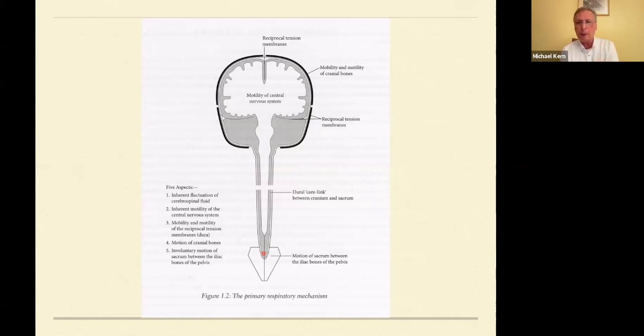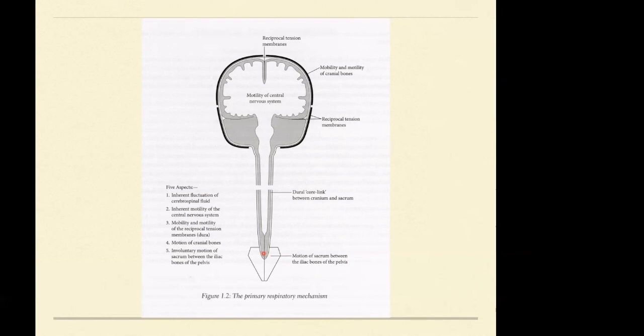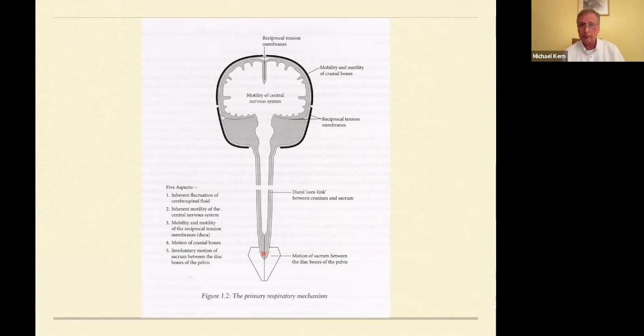And the primary respiratory mechanism is essentially a system of anatomical and physiological relationships that function closely together in expressing these subtle rhythmic motions. So this is where the term craniosacral comes from, because it describes this system of relationship. Dr. Sutherland referred to it as a craniosacral mechanism.